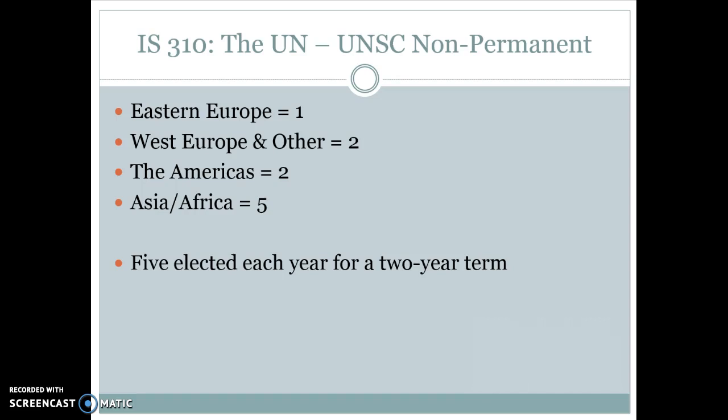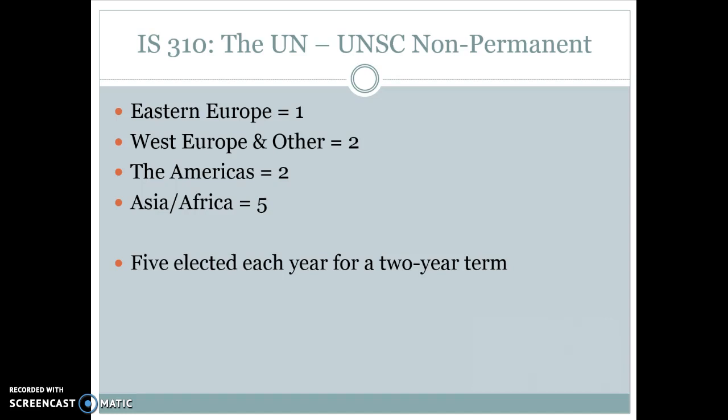So you end up with 1 Eastern European country always on the Security Council, 2 West Europe and other, which are called WEOG, and I'll tell you about that in a minute. 2 from the Americas, that's Latin America and the Caribbean, and then 5 from Asia and Africa, which defaults basically to 2 from Asia because China is also there, so that makes 3 Asian states, and 3 from Africa. So even though it's 5, it's usually 2/3, though it can become 3/2.